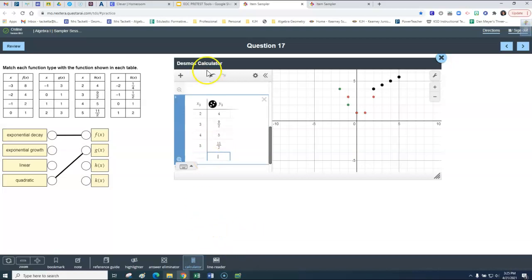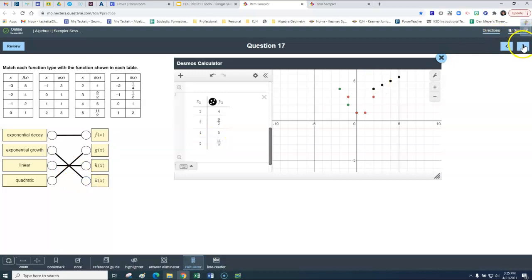So those are actually black. What does the black line look like? It looks like it's linear. So the linear, it actually is h of x. And then the last one you don't have to do. It really is an exponential growth, and it is actually k of x.